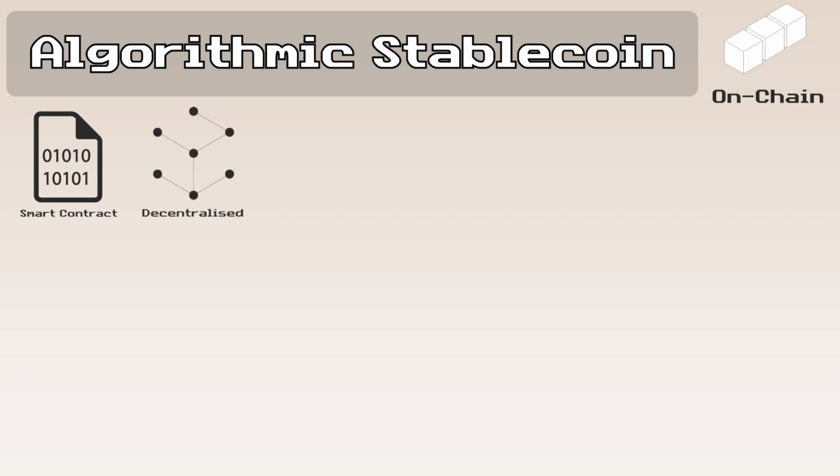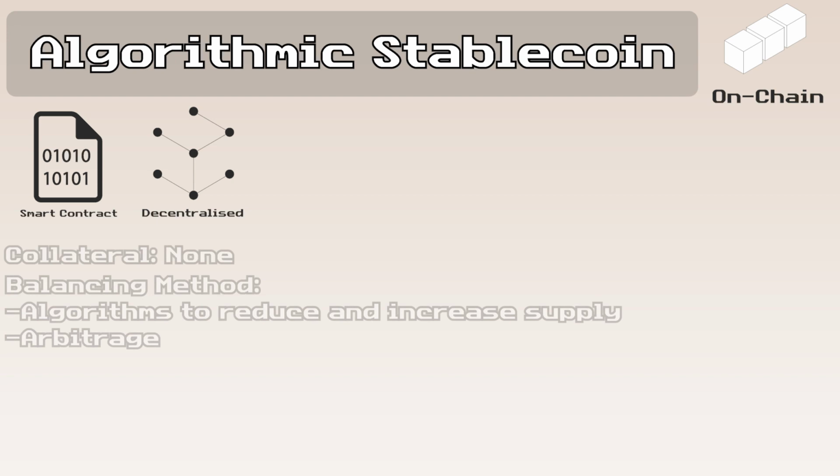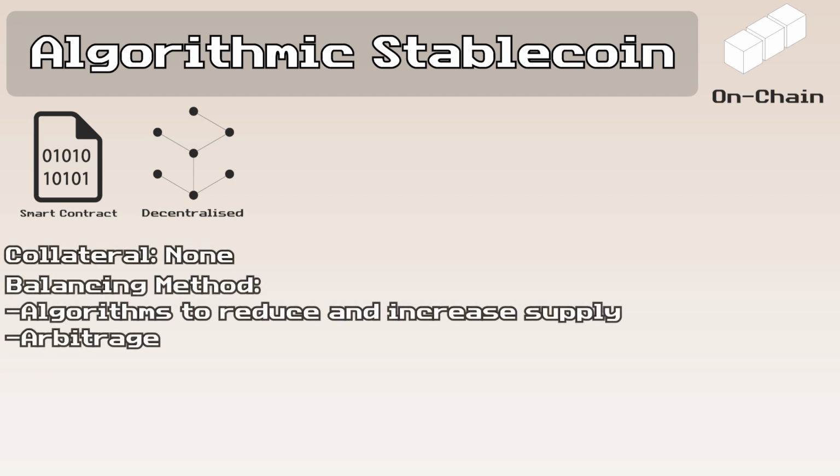Now, one of the things which differs with algorithmic stablecoins is they're not backed by any kind of collateral, and they use algorithms, as named, to reduce and increase the supply. And this is a kind of balancing method which they use.